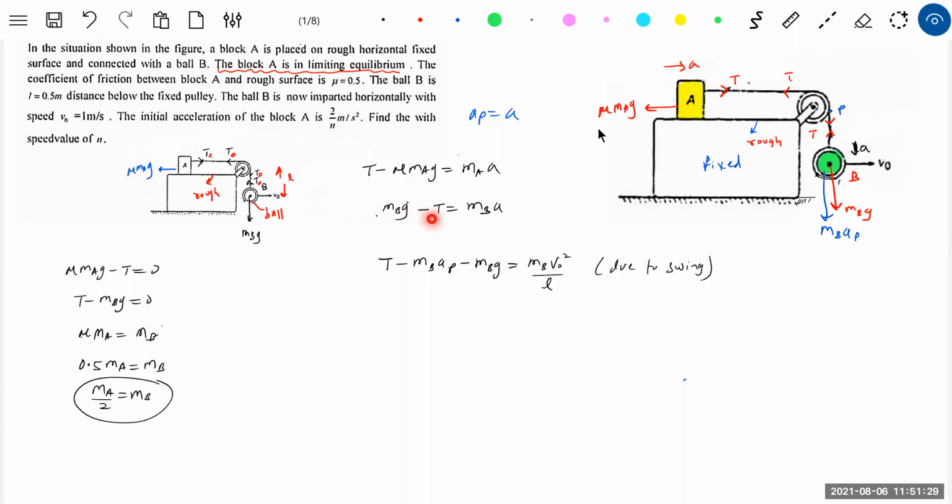Or directly, you can do one thing, up to the value of T here. You know the acceleration of A, and we are all given v naught, then you can solve it. Let me just write T equal to ma into A. What is AP? AP is equal to A, no?